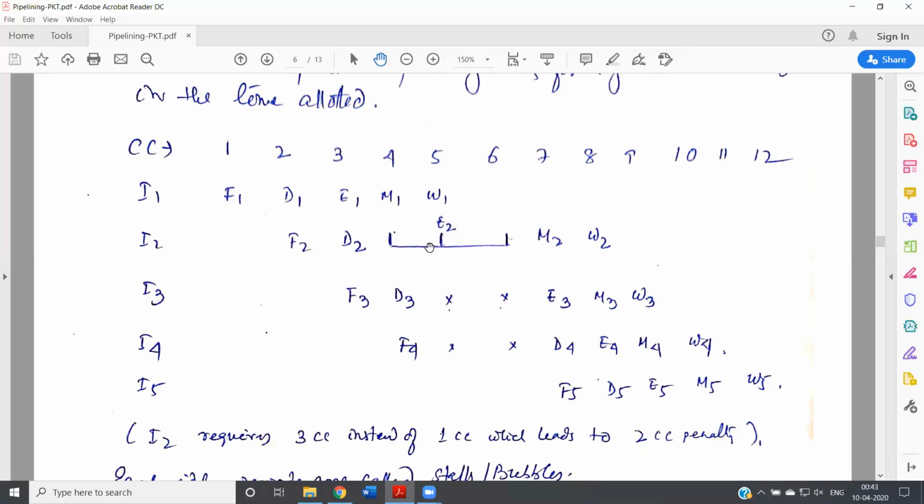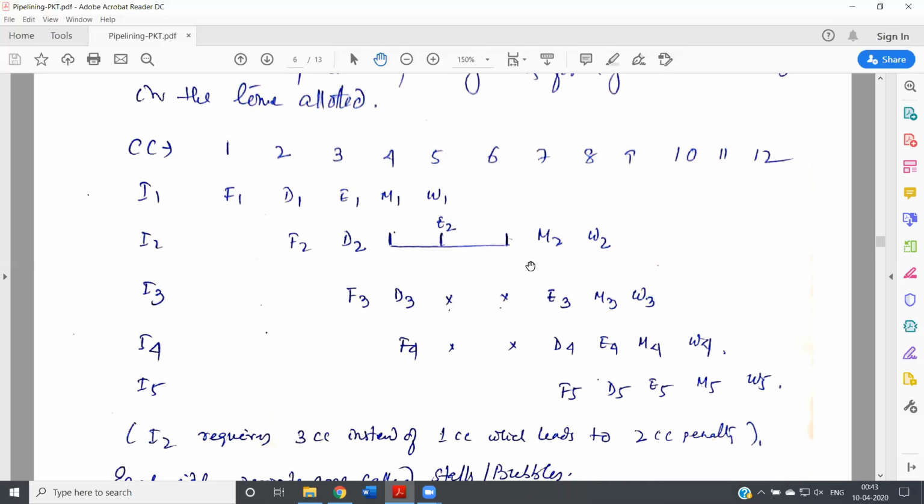As instruction 2 has not released the execution stage, instruction 3, although it has decoded its task, cannot be sent to the execution because execution is already occupied by instruction 2. When instruction 2 goes to memory, only then can instruction 3 go to the execution stage.